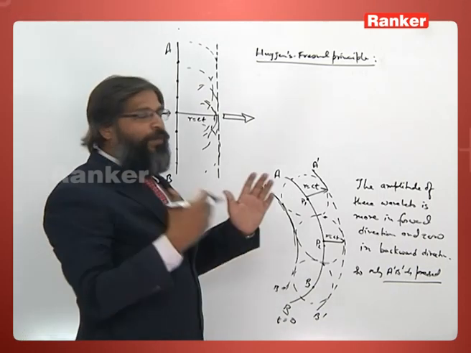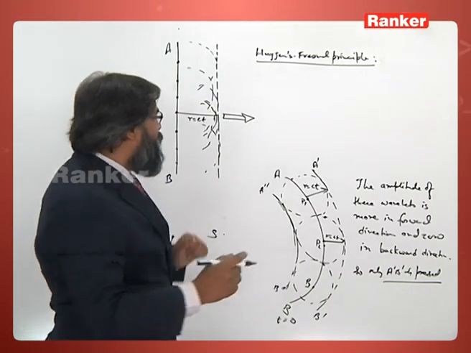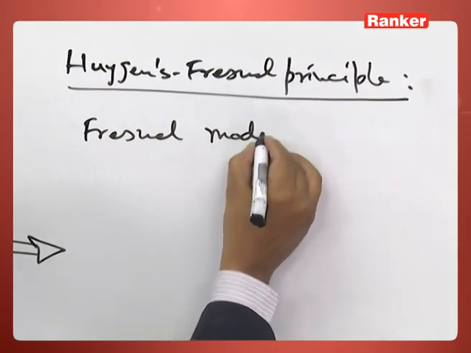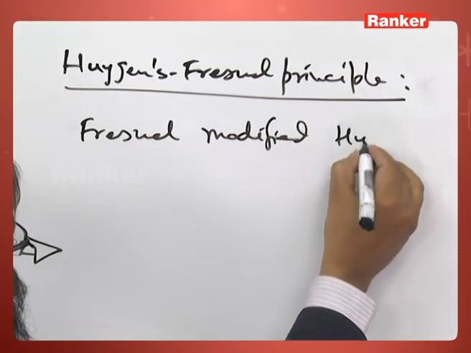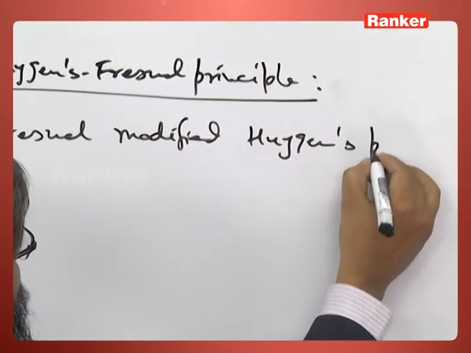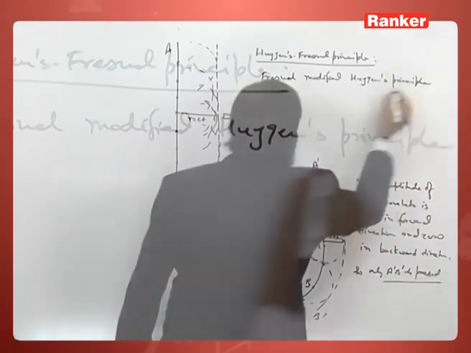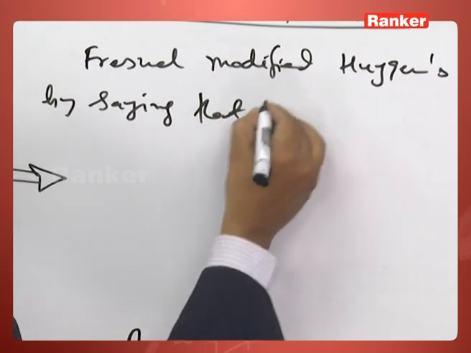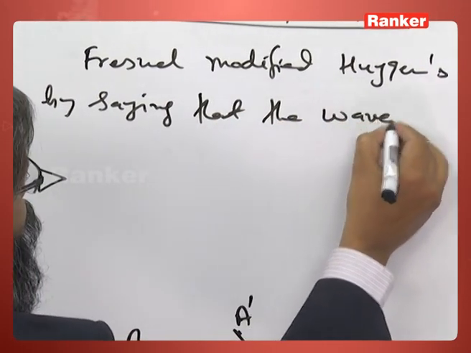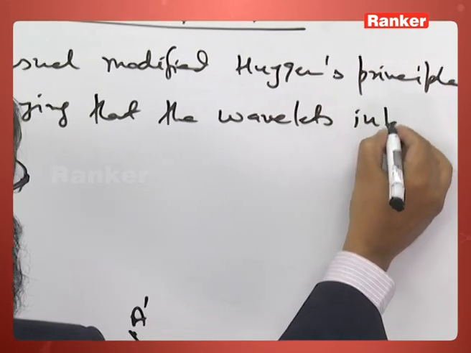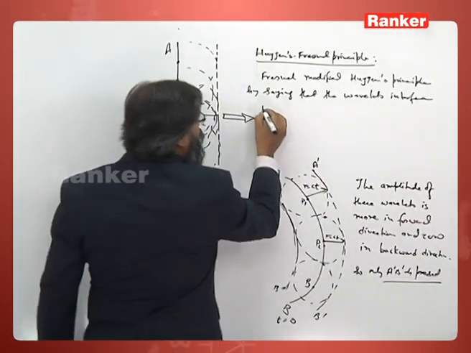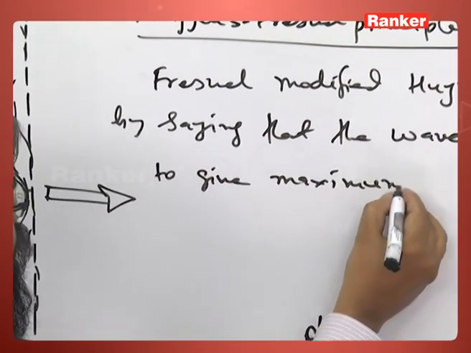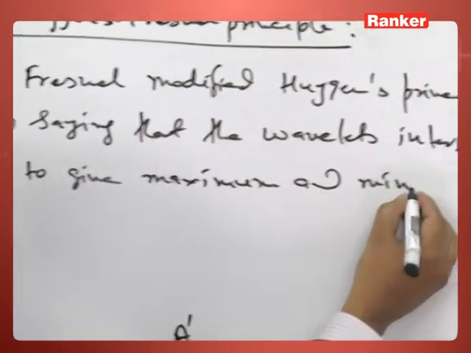Fresnel modified Huygen's principle by saying that the wavelets interfere to give maximum and minimum.